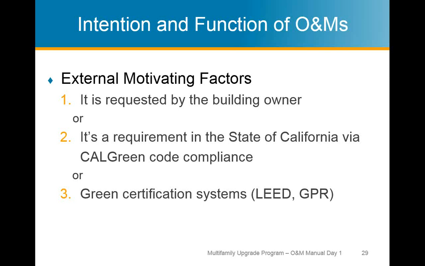If we're not believing in its benefits, the building's not going to get any better. The manual is just going to collect dust. It's going to be a box that gets checked. So while these external motivating factors are important because a lot of times they must be done, we really should keep in our crosshairs the development of an intrinsic motivation to have a strong O&M manual and see why, from a financial perspective, from a quality of life perspective, it's better to have than not.